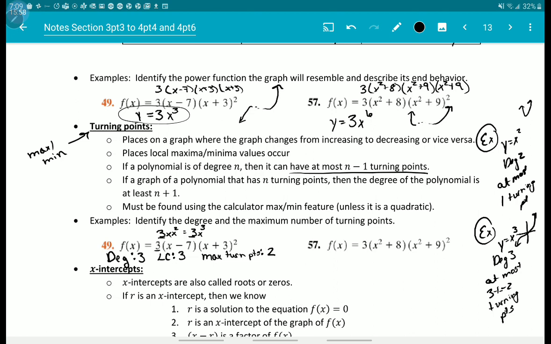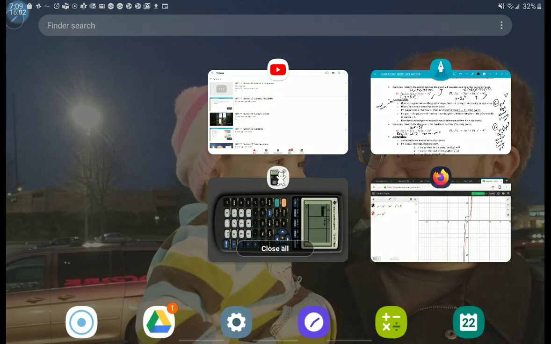Now, if we were to graph this, we could see exactly how many turning points we have. Just for fun, let's do that.